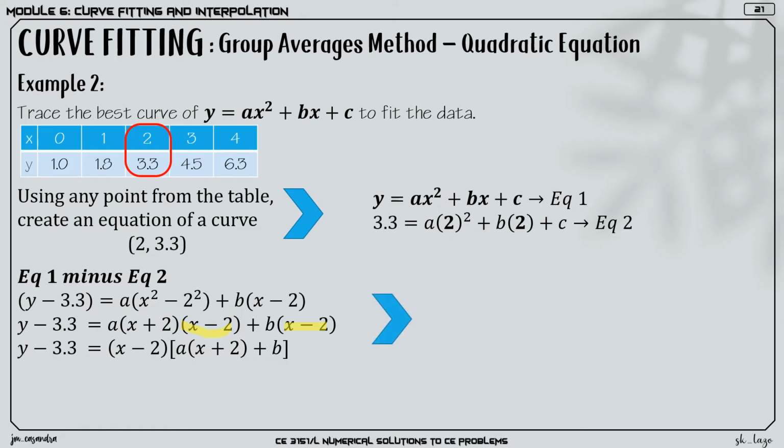Again, we have a simplified form of the equation: y minus 3.3 over x minus 2 equal to a times x plus 2 plus b, which is a representation of our linear equation y equal to ax plus b, wherein y now is equal to y minus 3.3 over x minus 2, and x is equal to x plus 2.